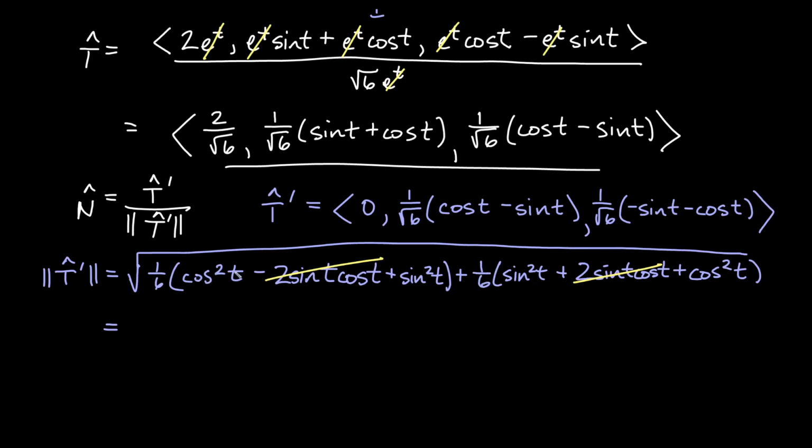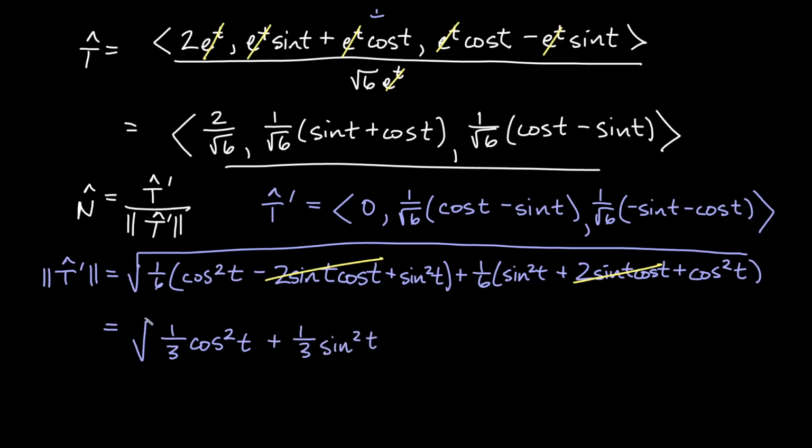So if you think about the like terms, the cosine squared t terms, we have 1/6 plus 1/6. That's actually going to give us 2/6, also known as 1/3 cosine squared t. We'll have the same thing with the sine terms that both have a 1/6 in front of them. 2/6 will make 1/3 sine squared t.